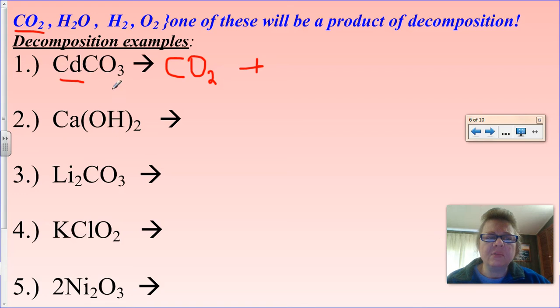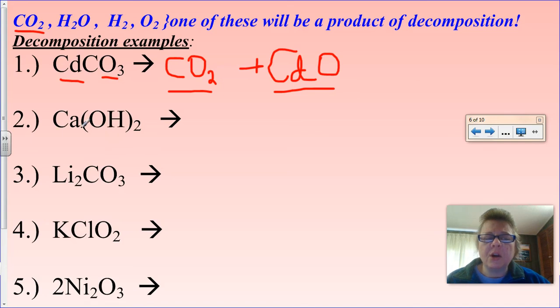I've got a cadmium left and I've got an oxygen left. Cadmium is my metal, so I'm going to write that first, and then I'm going to attach my oxygen. Now, it doesn't matter if you write the carbon dioxide first or second, or if you write the cadmium oxide first or second. As long as you have both products written, then the answer is correct.